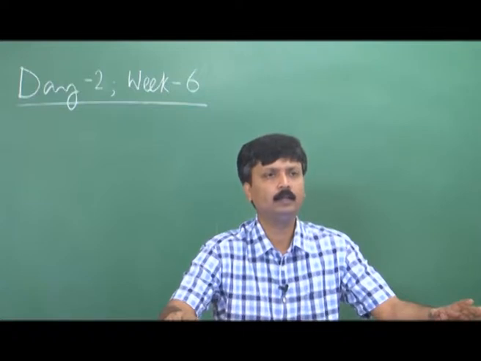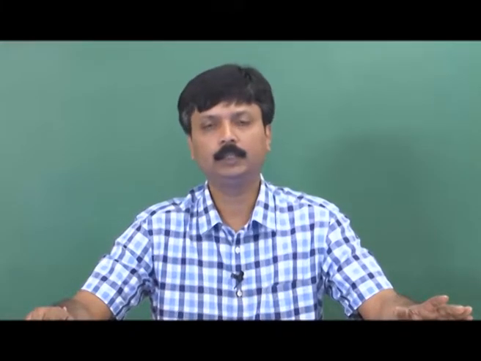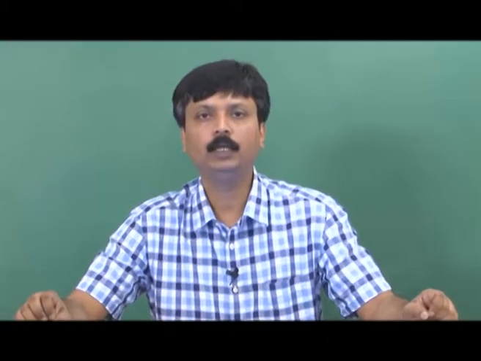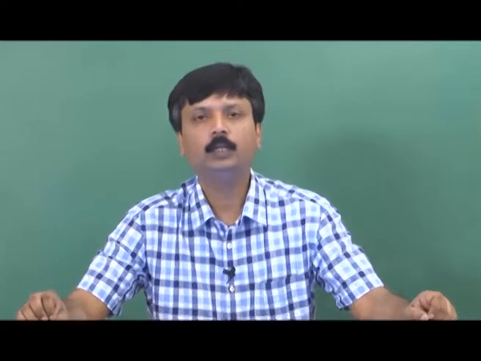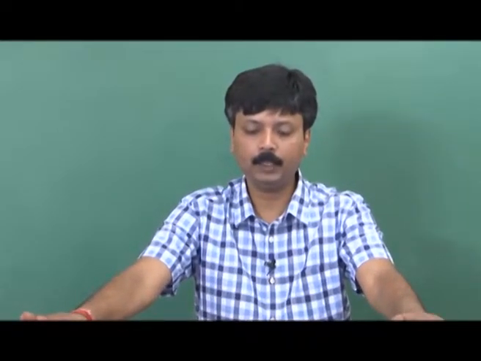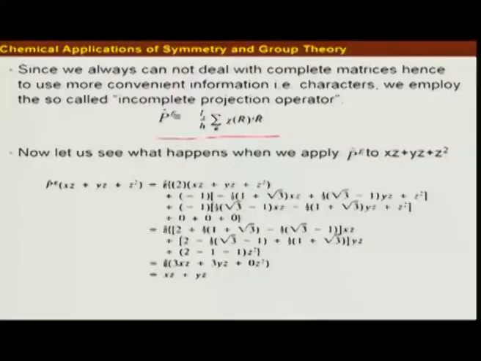So we have been discussing the projection operators, and in the previous class we discussed the complete projection operator and also introduced the incomplete projection operator. The incomplete projection operator is expressed in terms of the character of the representation, and it is given by this particular expression.